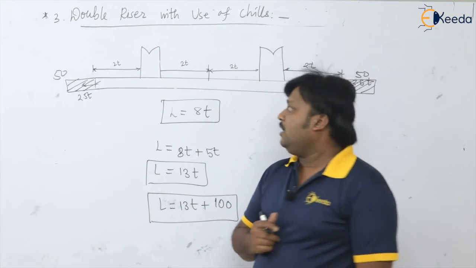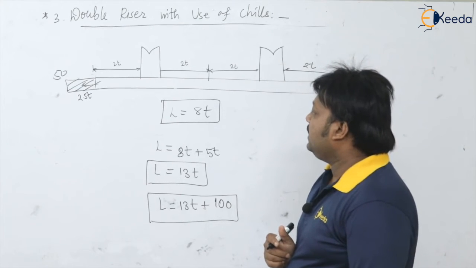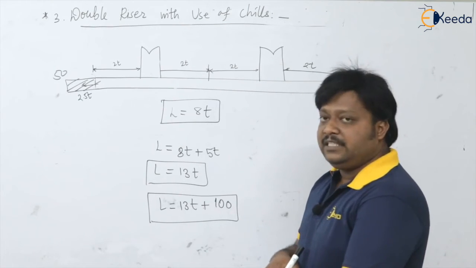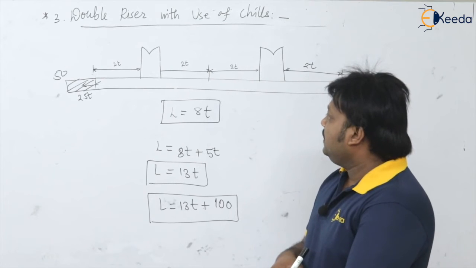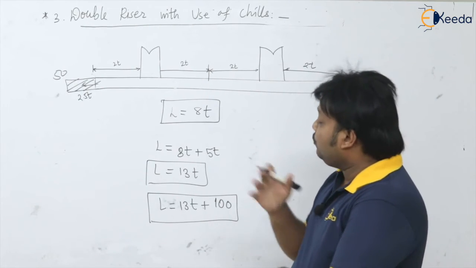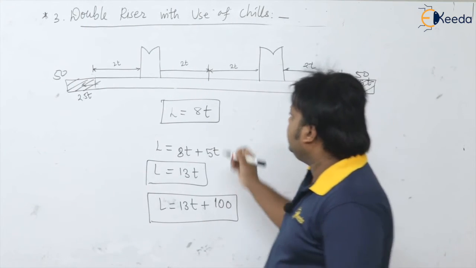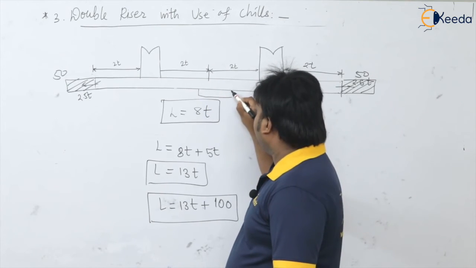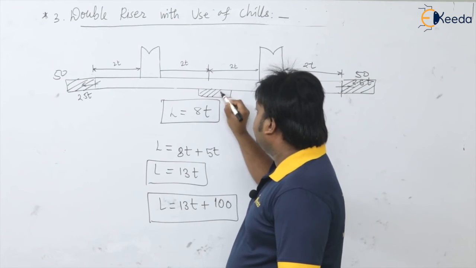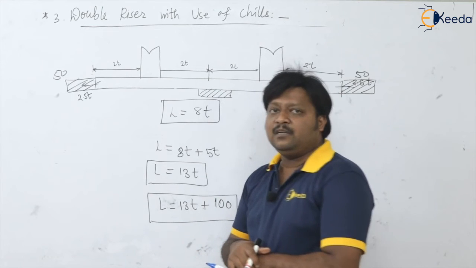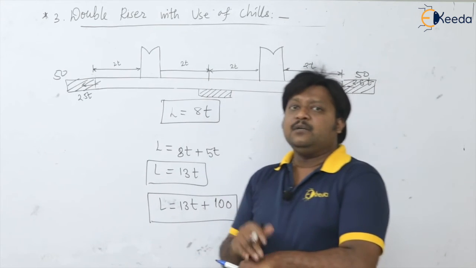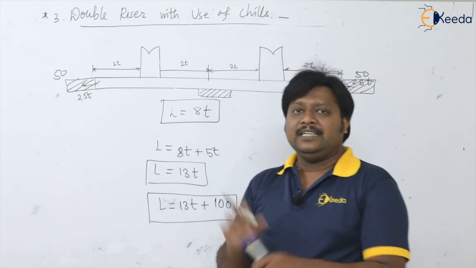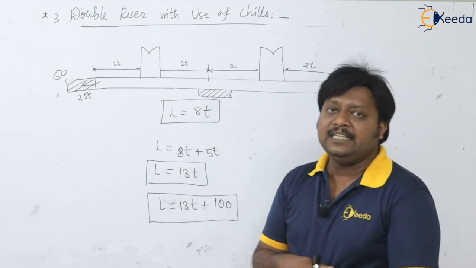Okay, now suppose the casting is again a huge casting, and I want to provide a riser, I want to provide a chill. Again, at the center I am going to provide a central chill here. Okay, see here, the central chill comes into the picture only for double or 2 risers. It does not come into the picture for single risering.